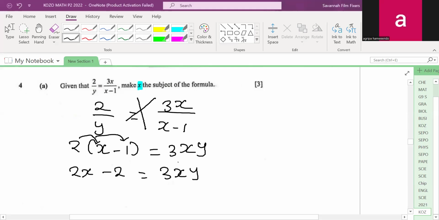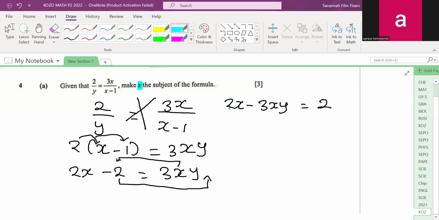At this level, we have to collect like terms. We bring everything with x together and take everything without x to the other side. So we end up with 2x minus 3xy is equal to 2. Do you have any idea how we can remove x here? Factorize.